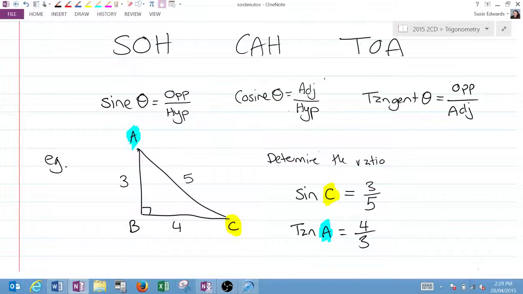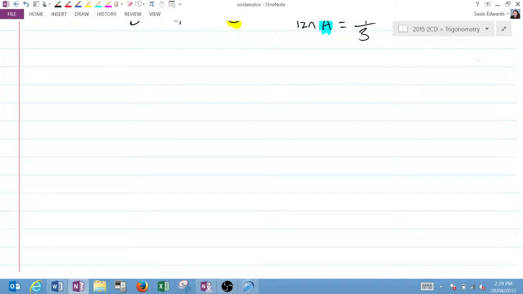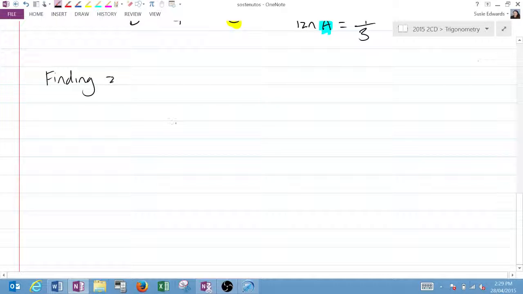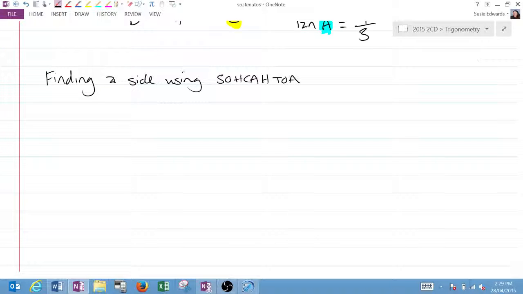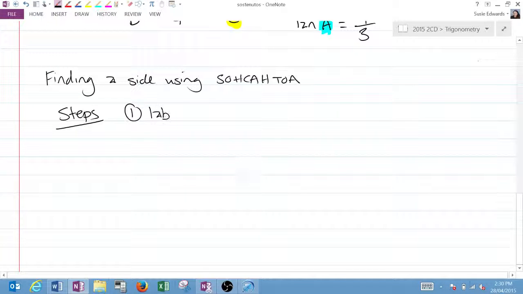Okay. Finding a side using sohcahtoa. Okay, I'm just going to put some steps and then we'll do some examples. Steps. Step 1, label.